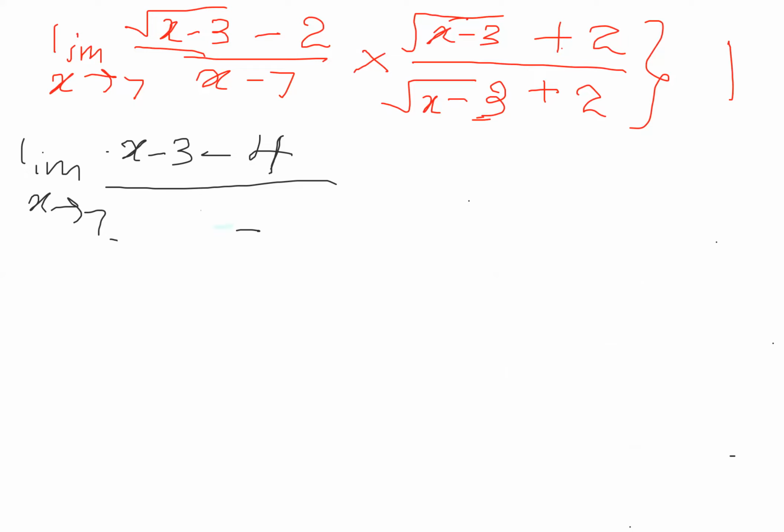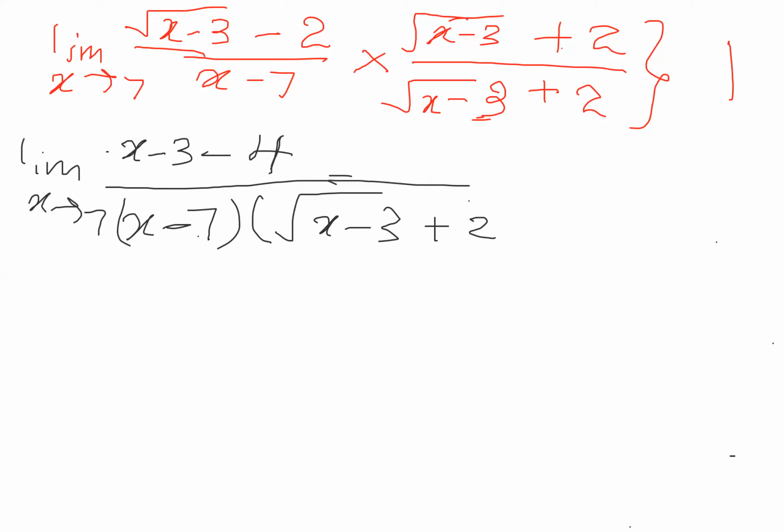First I want to write this one, the original function's value x minus 7. It is here, and further it has the square root of x minus 3. No need to write it all here, that's enough. Plus 2. Now check: when we apply x minus 7, what has happened on the upper side?